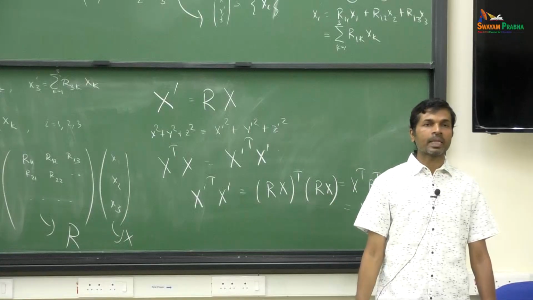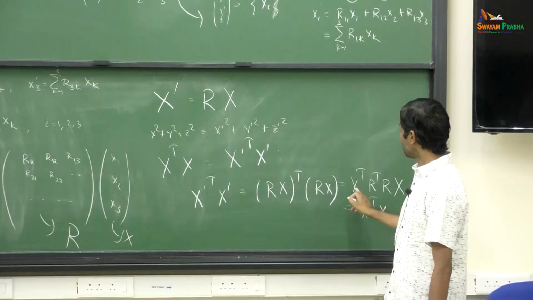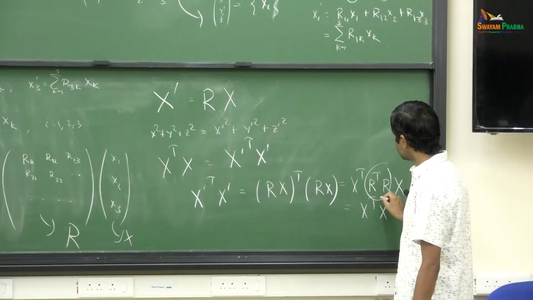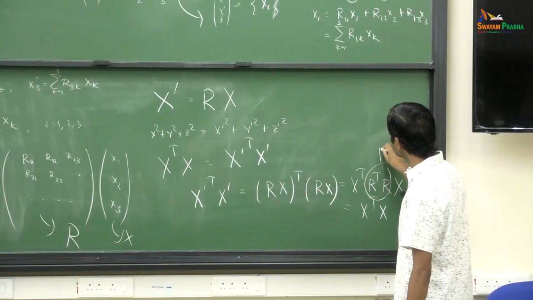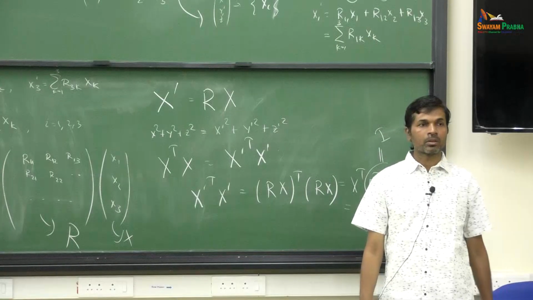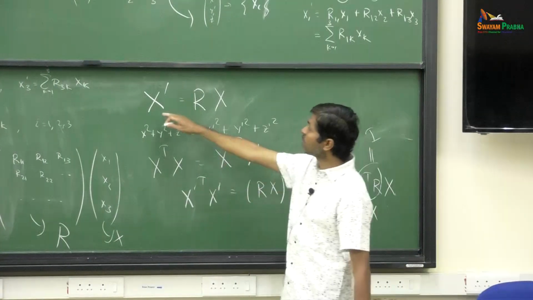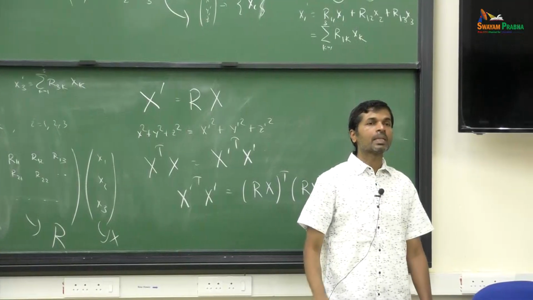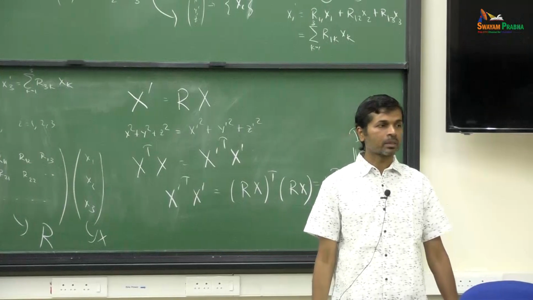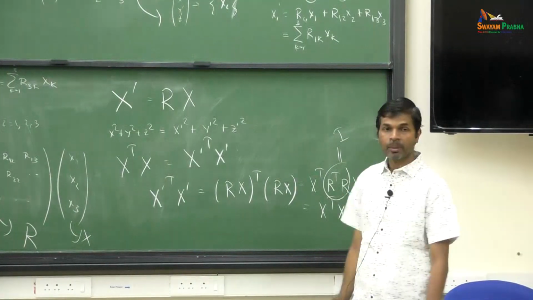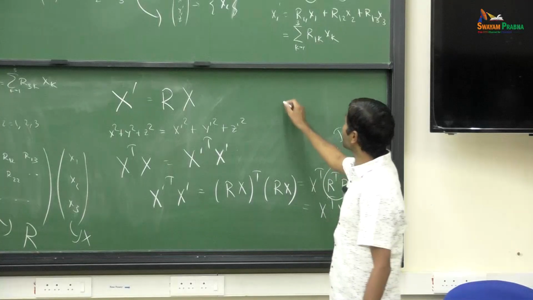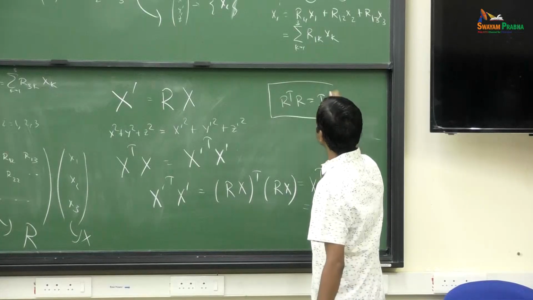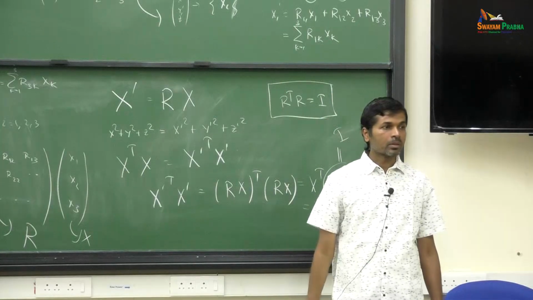If you do not want any restriction on the coordinates, then the only way this relation can be satisfied is if this quantity R transpose R becomes identity. Okay? So this is the most general linear transformation, but it will keep the length unchanged provided R transpose R equal to identity.